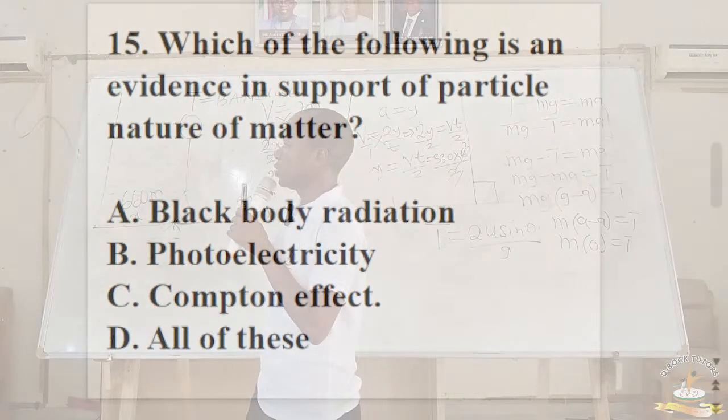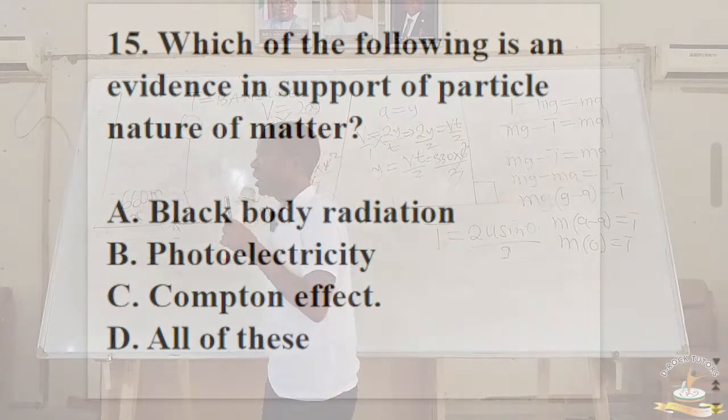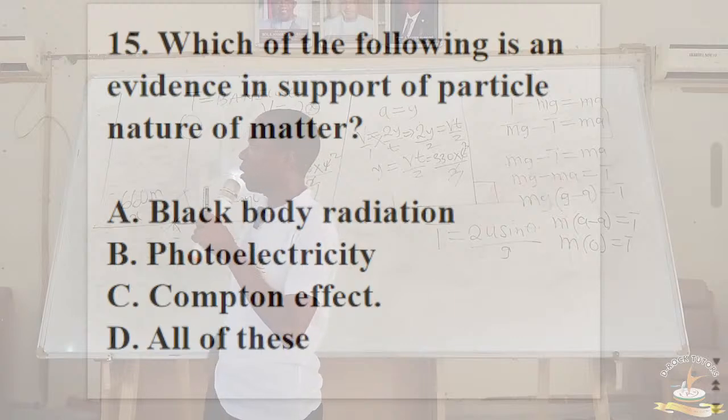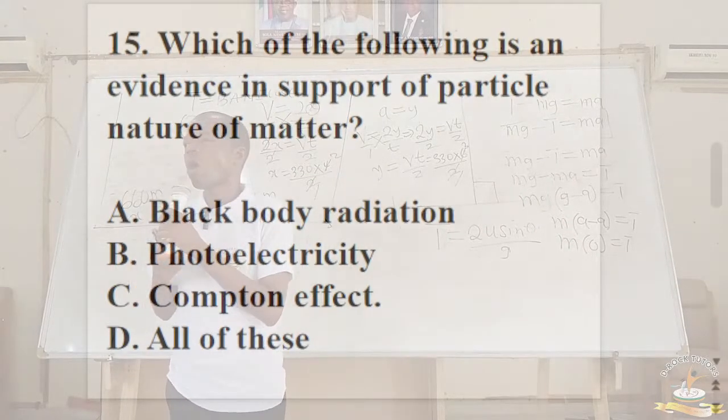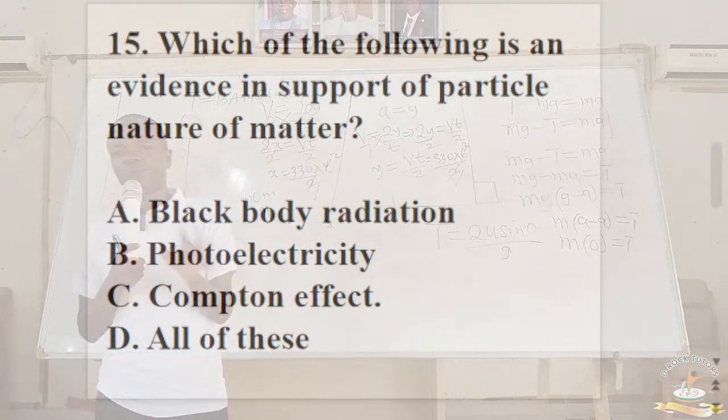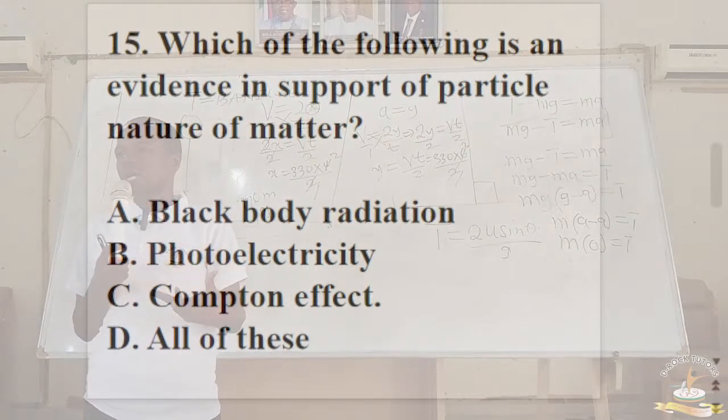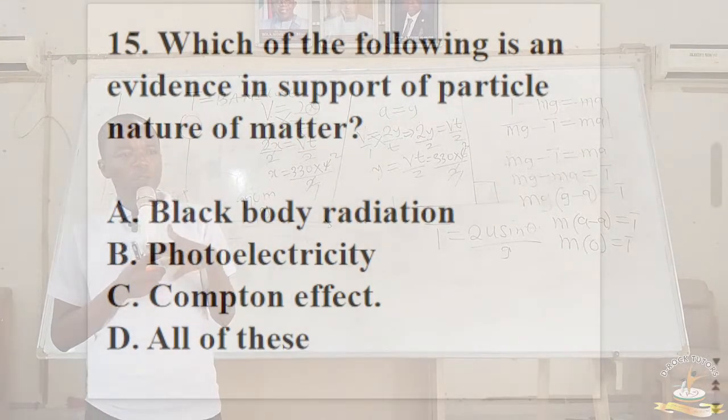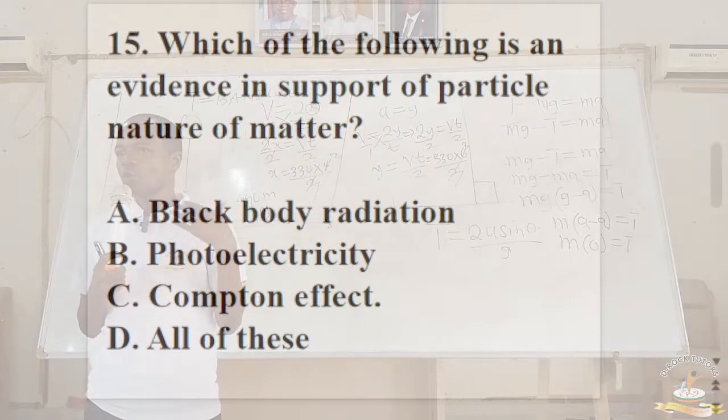The next question, please. Okay, which of the following is an evidence in support of particle nature of matter? Now, in physics, there is a particular area called the wave-particle paradox, also called wave-particle duality.